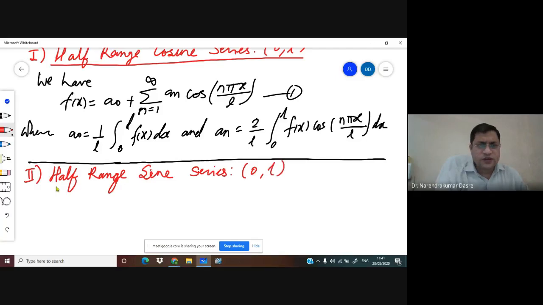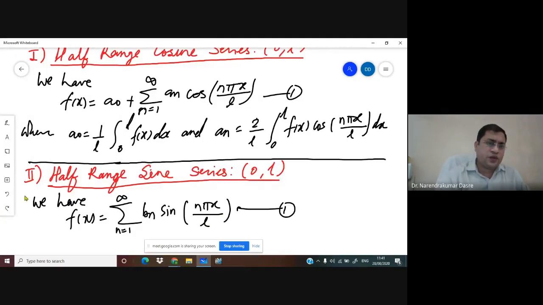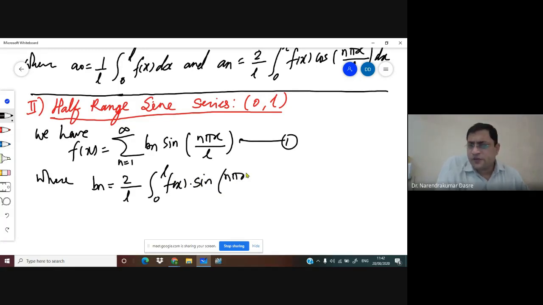Again, we have the interval 0 to L. Here we have f of x is equal to, as we want only the sine series, summation n running from 1 to infinity, we have only bn, and we have sine of n pi x by L. That is equation 1, where bn we have, please be careful for the formula, 2 by L integral 0 to L f of x into sine of n pi x by L dx.